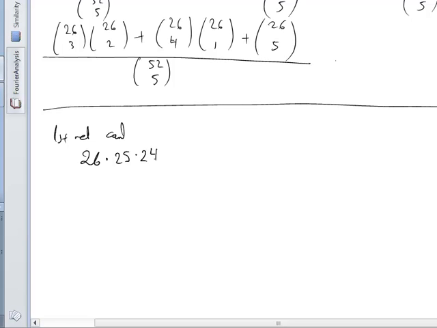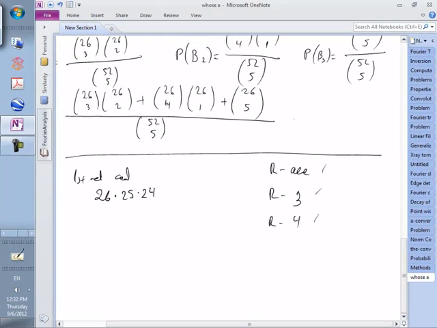Suppose you have 3 red cards: red ace, red 3, and red 4. Here's your first card, second card, third card. But if you change them and put this one first and this one last, what is in the hand doesn't change. In how many ways can I permute those 3 cards among them? 6, which is 3 factorial. So that number has to be corrected by 3 factorial, the number of permutations of the 3 items.